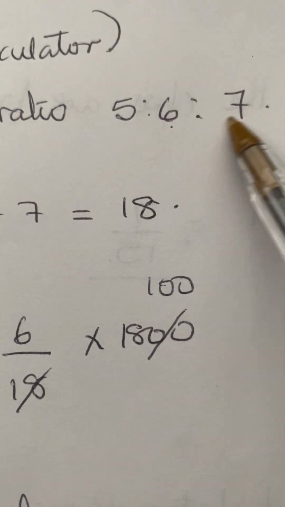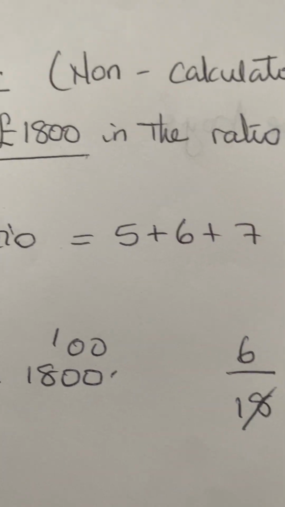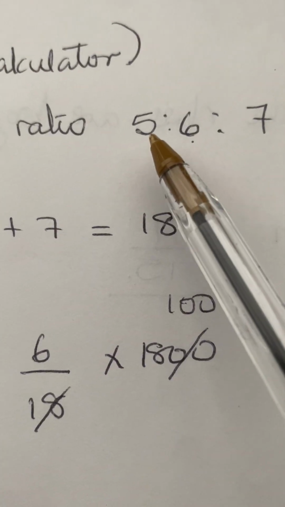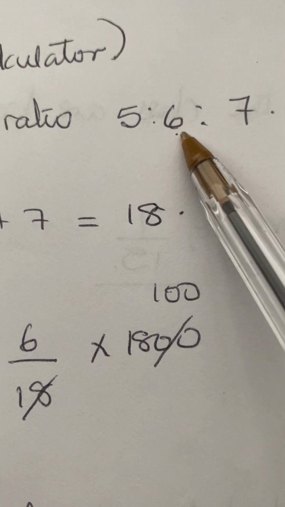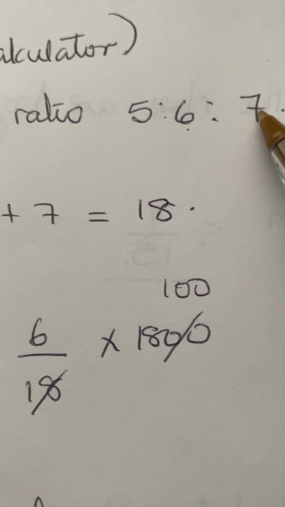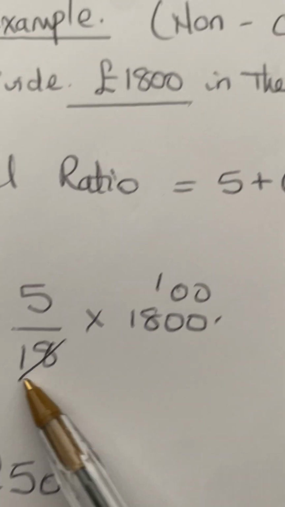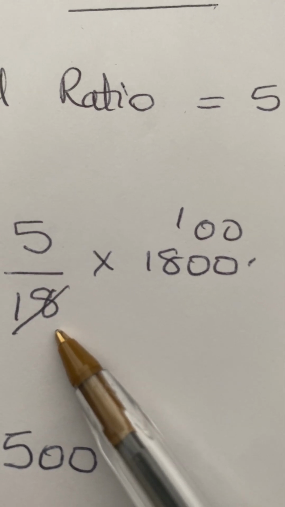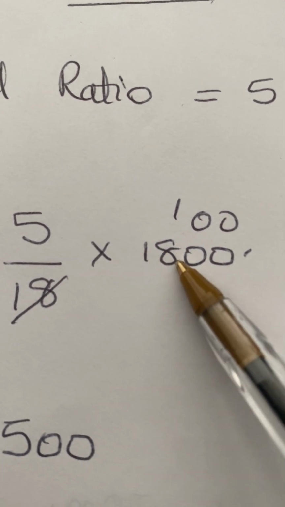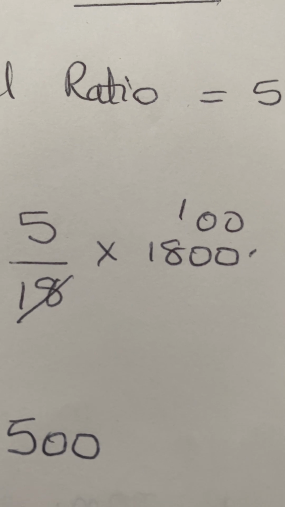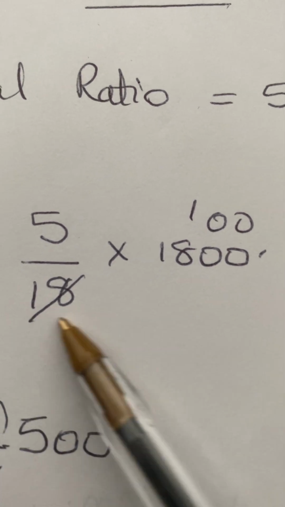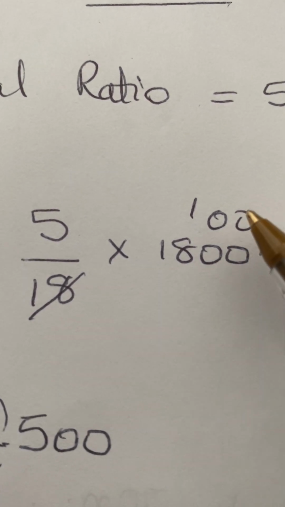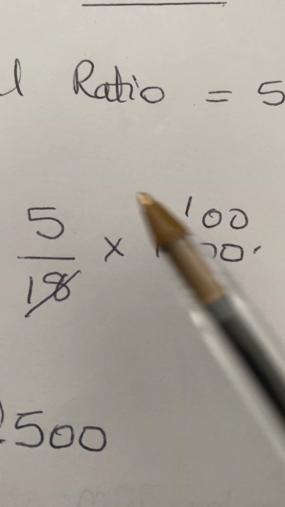So now we want to divide the 1,800 into 5, 6, and 7 portions. So 5 will be 5 over 18 times 1,800. Okay, 18 will go into 1,800 100 times.